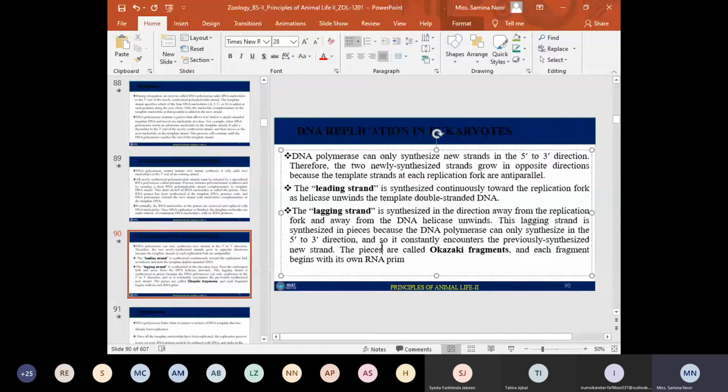Such synthesis in the form of fragments is known as Okazaki fragments. Each fragment begins with its own RNA primer, so the synthesis of each fragment requires a new primer, a new short RNA polynucleotide chain.